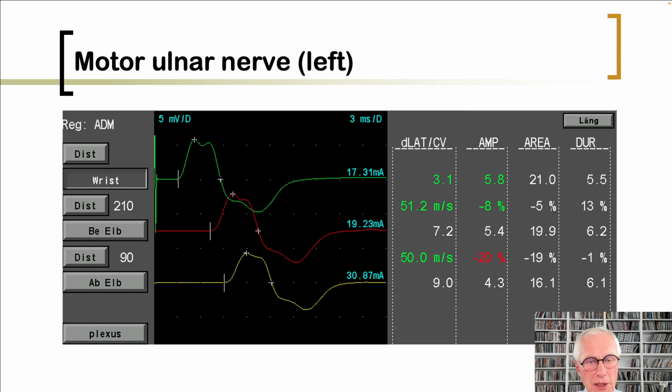The amplitude decreases clearly when we go from the below elbow segment to the above elbow segment. You see that there's a clear-cut amplitude reduction, 20% conduction block here.